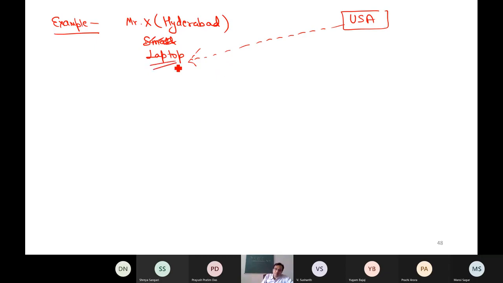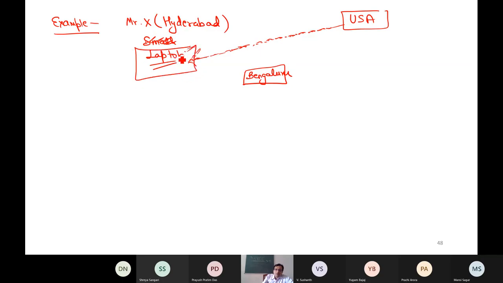Now the laptop got some problem, and the service center is in Bangalore, for example. But the company says that there is no need to bring the laptop to Bangalore. You simply connect the internet, and we will rectify the problem on the laptop through electronic means only. The moment you open the internet, we will start providing the corrections at the laptop, and in this way the laptop got repaired.